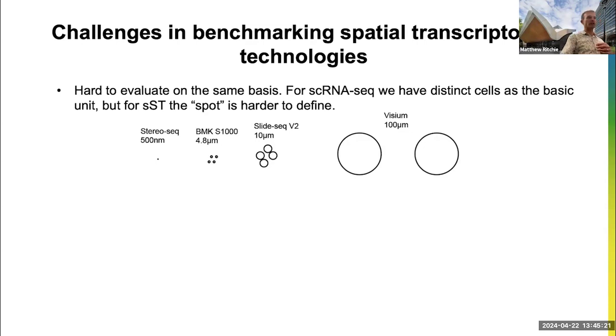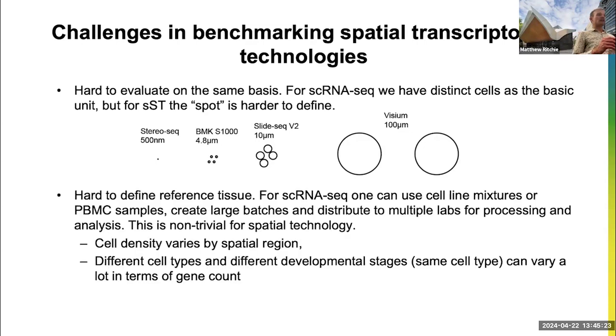The unit of measurement varies. Another issue that I touched on before is, what is the relevant reference sample to use? Cell density can vary. In spleen, it's really densely packed. In other tissue, it's a bit more spread out. So there are lots of variables depending on the tissue that you take. And different cell types can vary across development, and there can be all kinds of things.